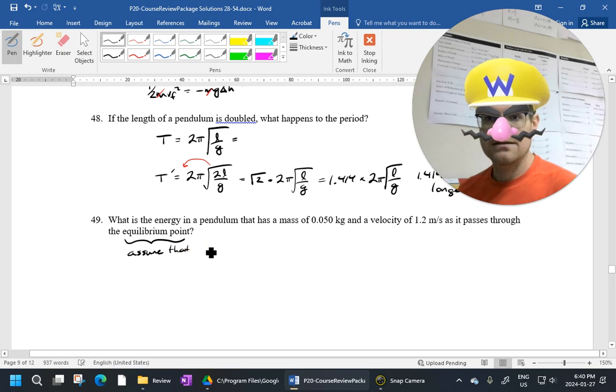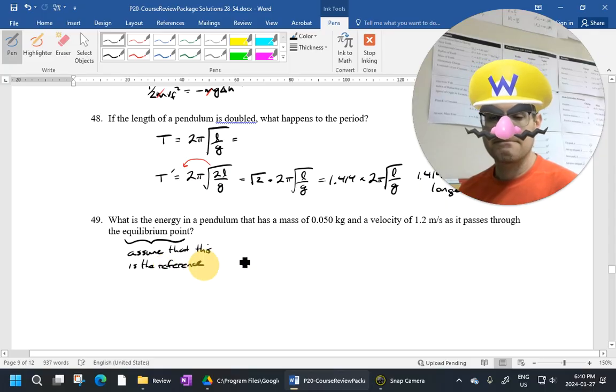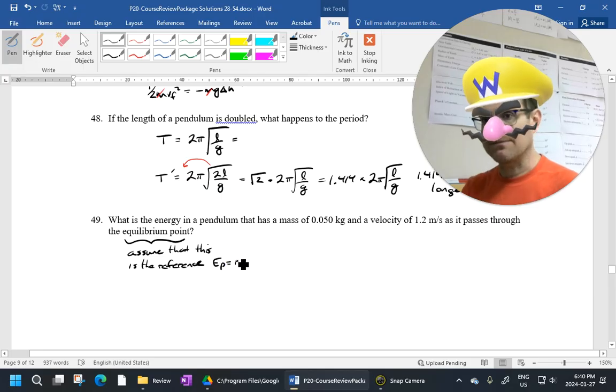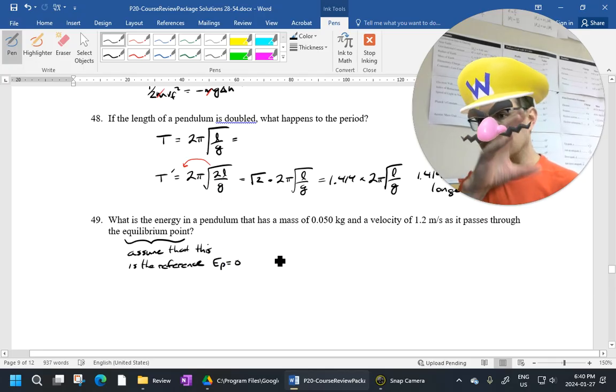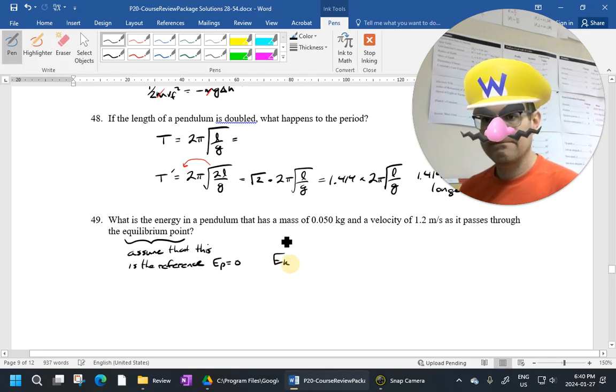That this is the reference. So EP would be 0 at that point, so all the energy at this point would just be EK. All EK then, right?